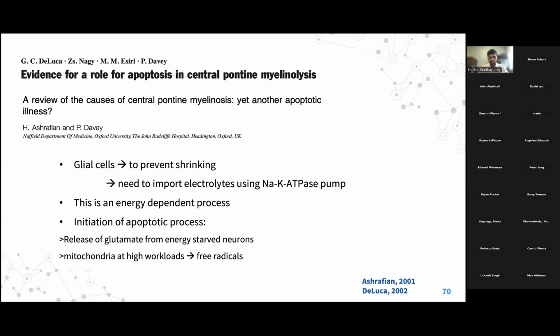This is an energy-heavy process, and that energy you don't really have in patients with alcoholism and malnutrition. That leads to an apoptotic process where you have release of glutamate from the energy-starved neurons. That itself can lead to further damage because mitochondria are working at really high workloads and release a lot of free radicals. The glutamate and the free radicals can be very damaging and can cause demyelination in the sharply demarcated way that we see in these patients.